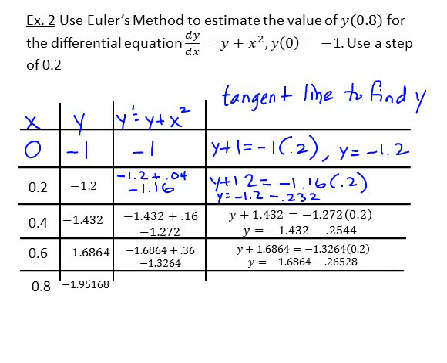So I end up with y of 0.8 equaling -1.95168. This concludes the lesson on section 10.2, Euler's method.